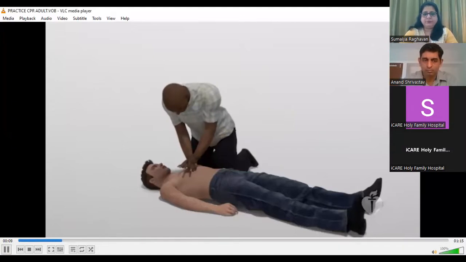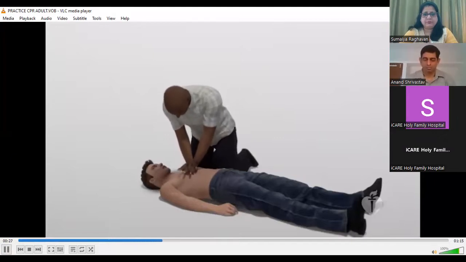Now it's your turn to practice. First, get into position. Place the heel of one hand on the center of the chest. Put the heel of your other hand on top of the first. Follow along with the drum beat. Let's begin. Push straight down, hard. Push down at least 2 inches. Push at the rate of 100 to 120 compressions per minute.